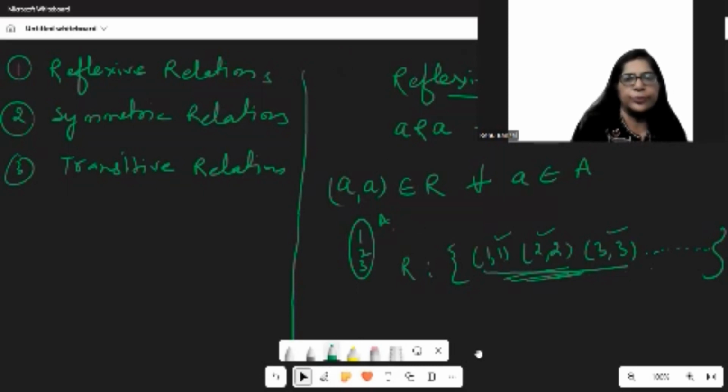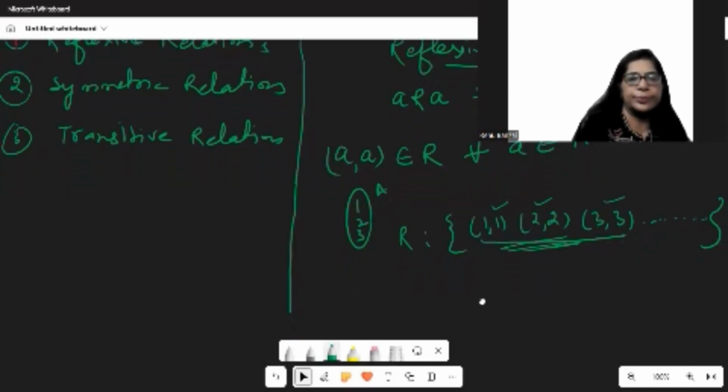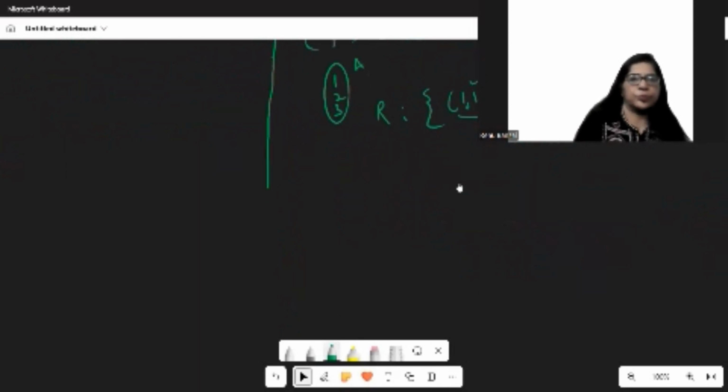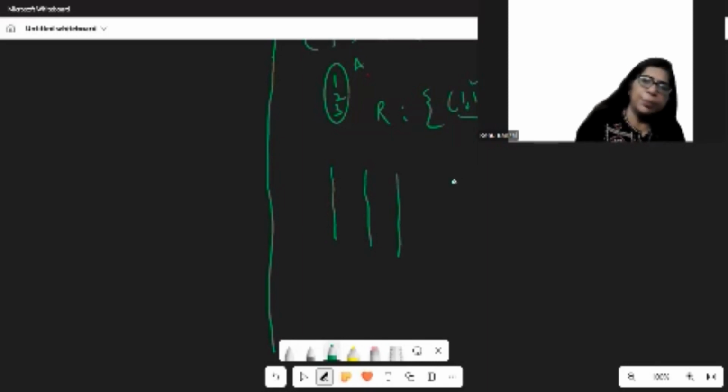Like, the condition is there are three lines in a plane. This is L1.